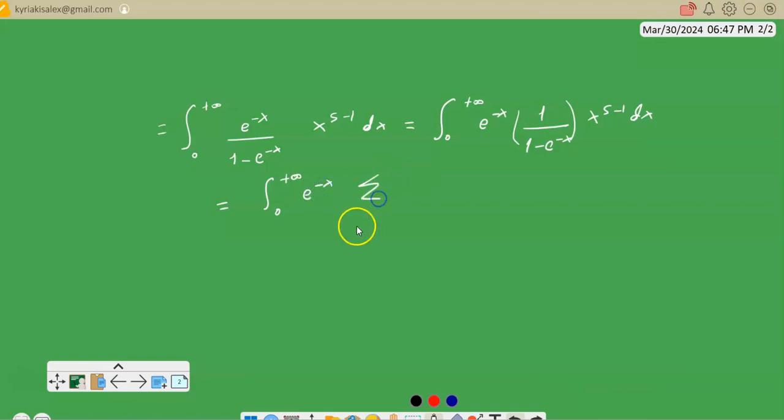We have the sum from n equals 0 to infinity of e to the power of minus n times x, times x to the s minus 1 dx.